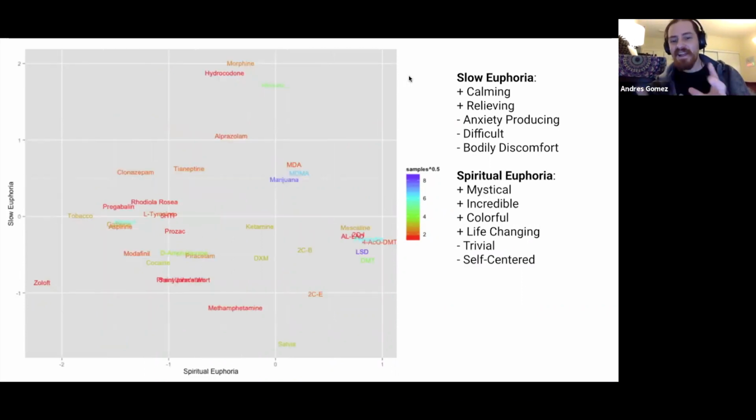The other axis that emerged was this notion of spiritual euphoria. That's the term I used back then. I also use the term significance or saliency. Nowadays, I would actually use the term criticality, for other reasons that we can go into. Basically, this is another axis of how you can experience intense valence with substances, different from slow and fast euphoria.